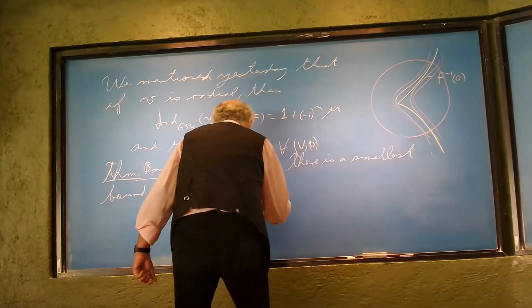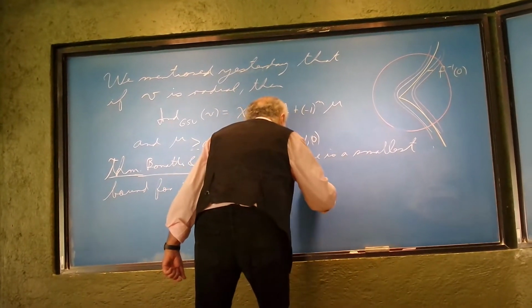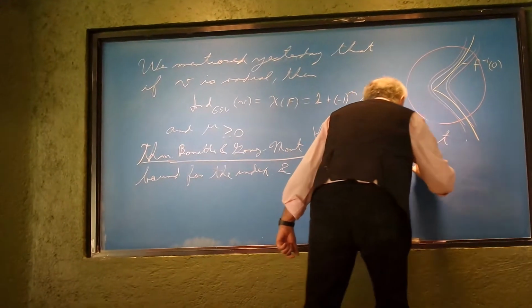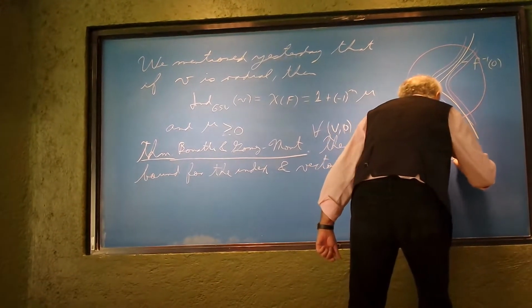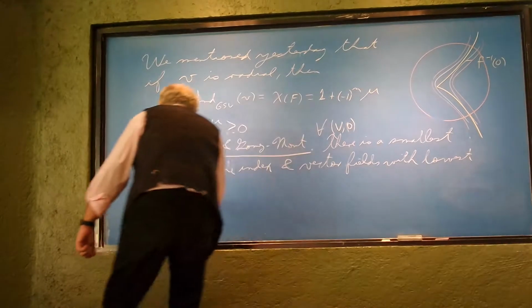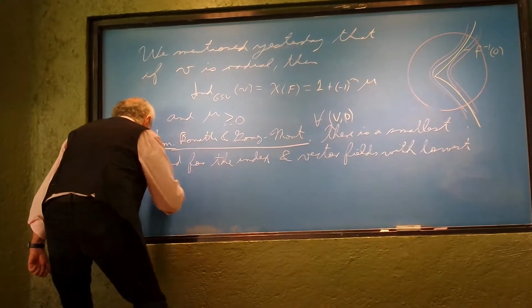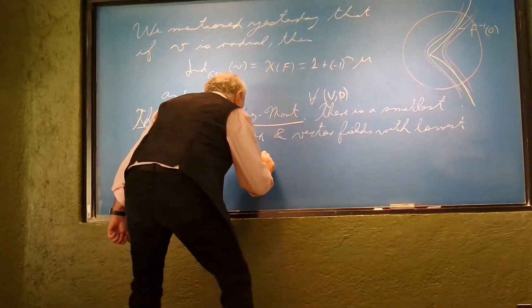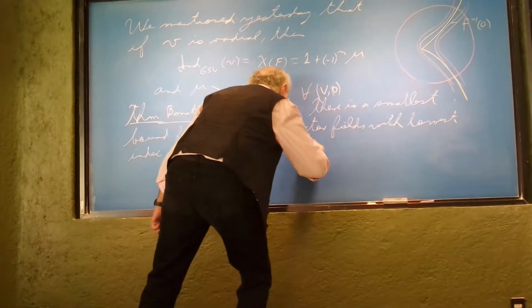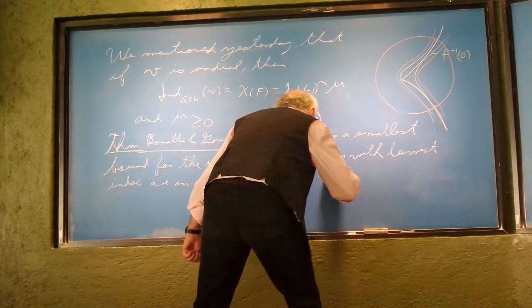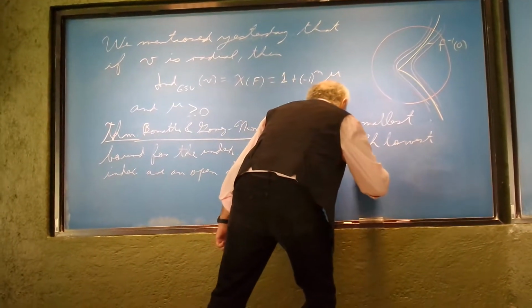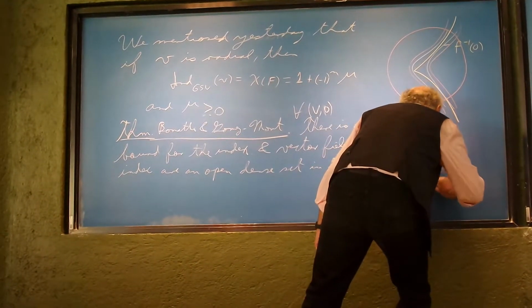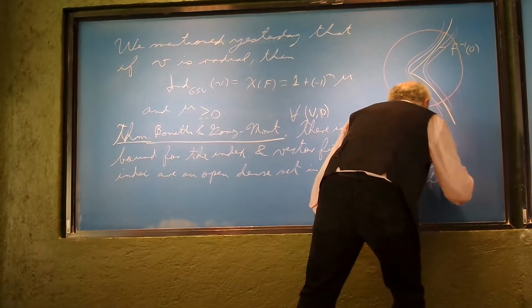And the vector fields with lowest index are an open dense set in the space of all holomorphic vector fields.